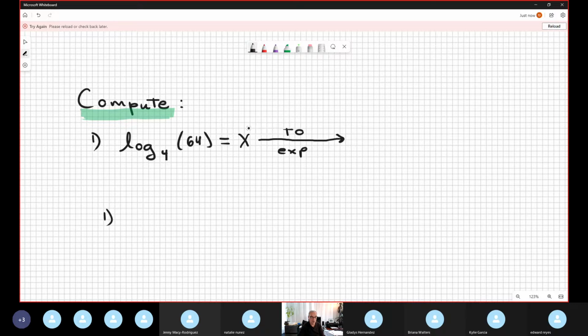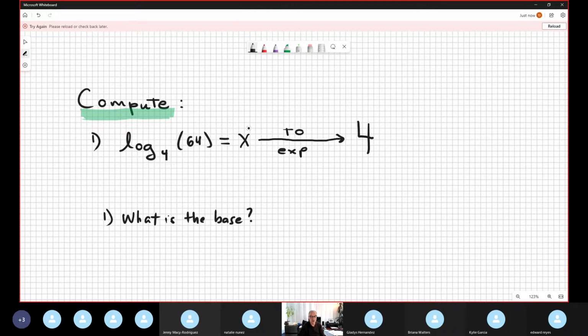Question 1, what is the base of this logarithmic function? The base is 4, Jenny. So this 4 that you see small here, you put big. That's the base in the exponential.